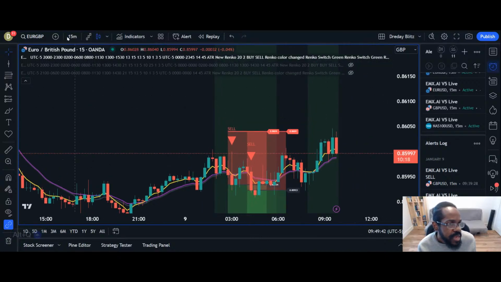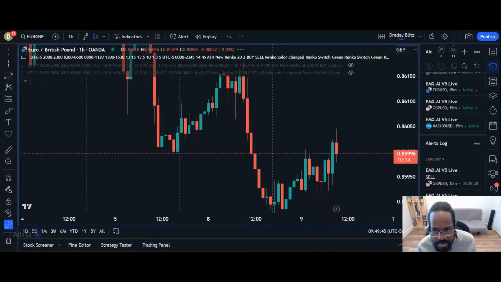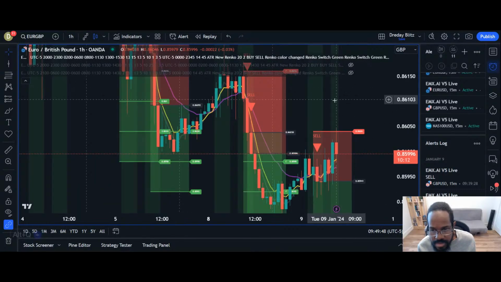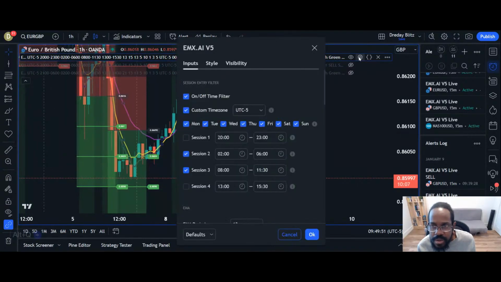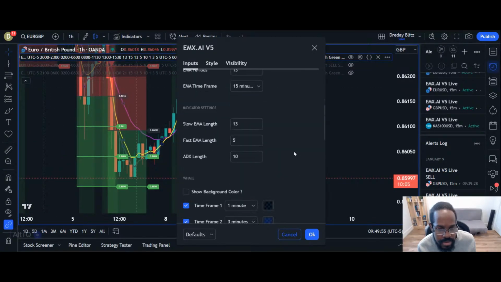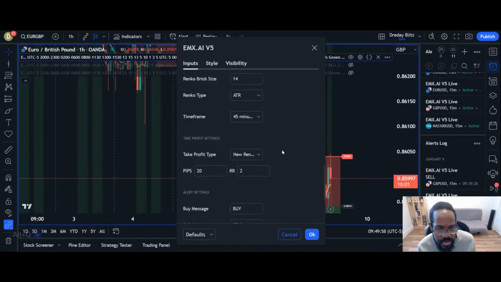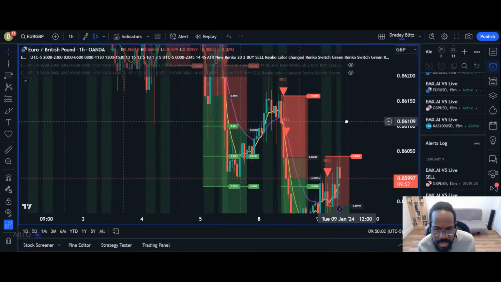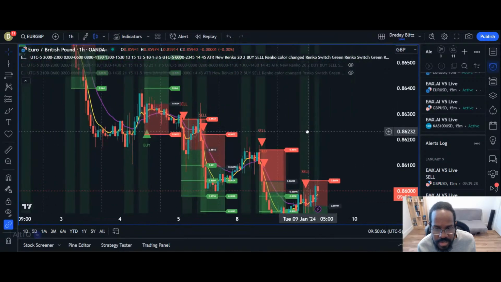Because even though I'm on the 1 hour chart, I'm keeping the same settings, so I'm not changing anything. So this is settings of 15, 1, 2, 3, 5, and 45 for the time frame for the Renko. That is what it is right now.